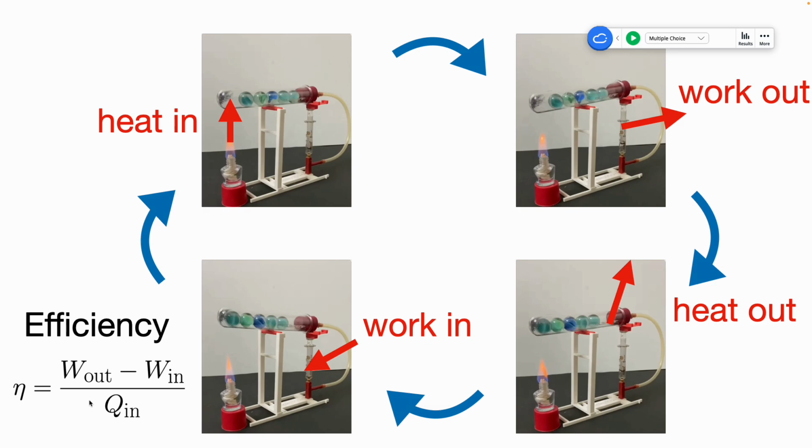The work that goes into the engine can be stored, so that's why we subtract it. We are not looking at just the work out, we also have to subtract work in, that does take away your energy from the environment. The overall work you can do with this engine is the net work out minus work in. So that's why it's on the top. And at the bottom, we just put heat input, not heat input minus output.